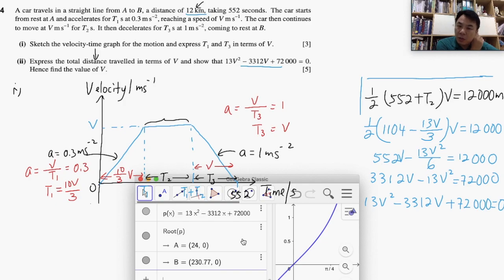So just let me check whether I got that correct. 13v and 3312, 72,000. Yes. So there are two solutions for this equation. Okay, just let me write it down. So it's v equal to 24 or 231.